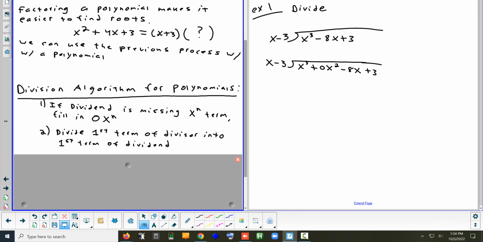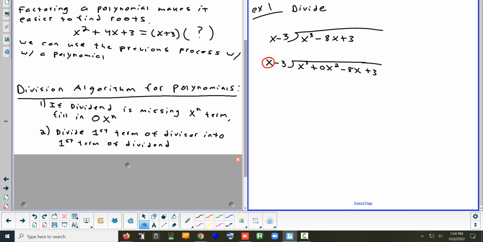Second step, it says divide the first term of the divisor into the first term of the dividend. So we're going to divide the first term of the divisor, which is x, into the first term of my dividend.